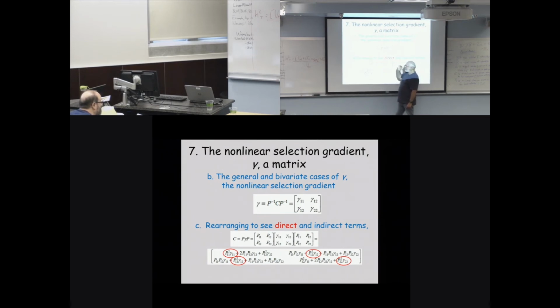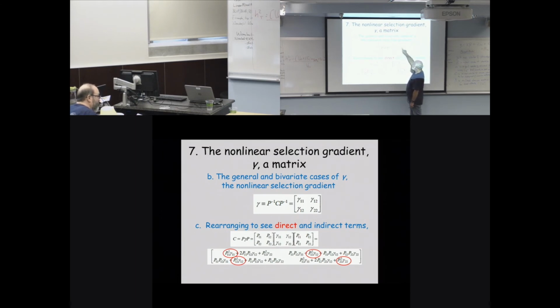So what are we saying? This is a way of saying that gamma corrects for the correlation between characters when we look at selection effects on variance and covariance. But we've got to pre and post multiply by an inverse variance-covariance matrix to make that correction, and it's completely understandable. And so what we end up with is a perspective on gamma in which we can say, these are the terms, the direct effects of selection on variance.